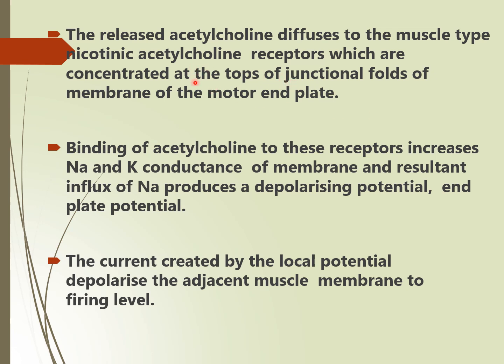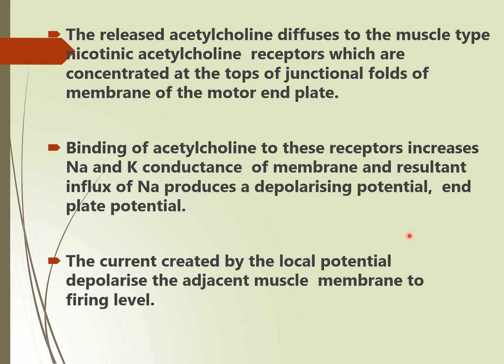Binding of ACH to these receptors increases the sodium and potassium conductance of the membrane, and the resultant influx of sodium produces a depolarizing potential, that is, the end plate potential. So when ACH binds to these receptors, it increases the sodium and potassium conductance, which causes depolarization or end plate potential.